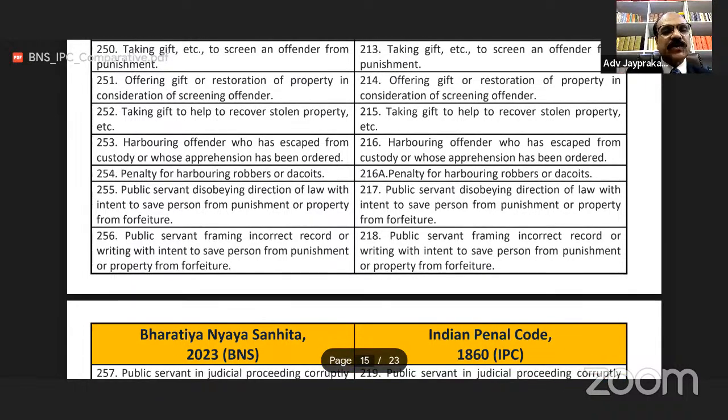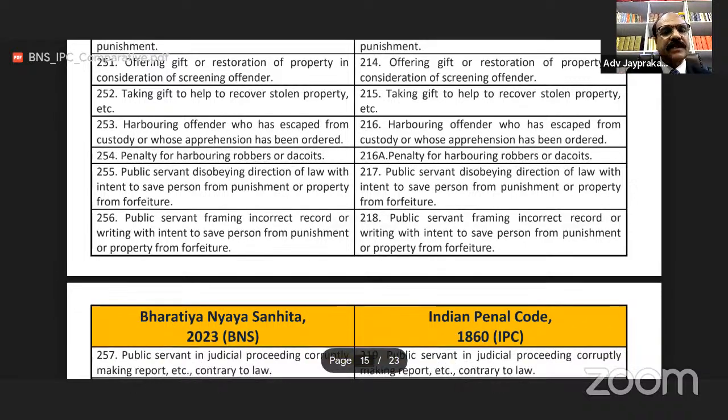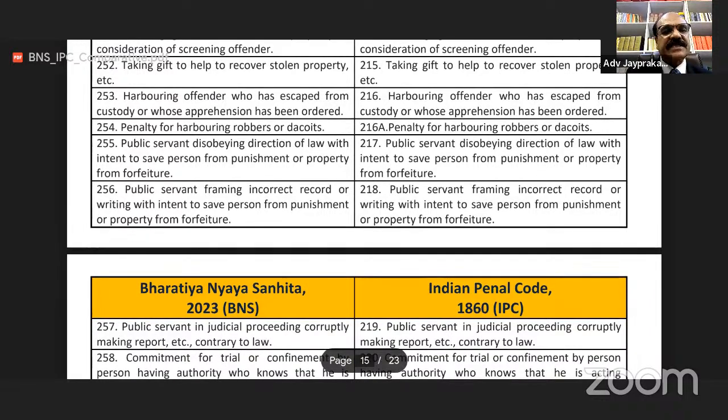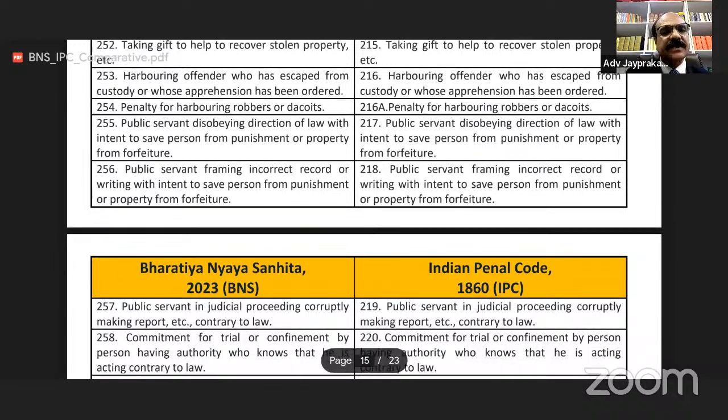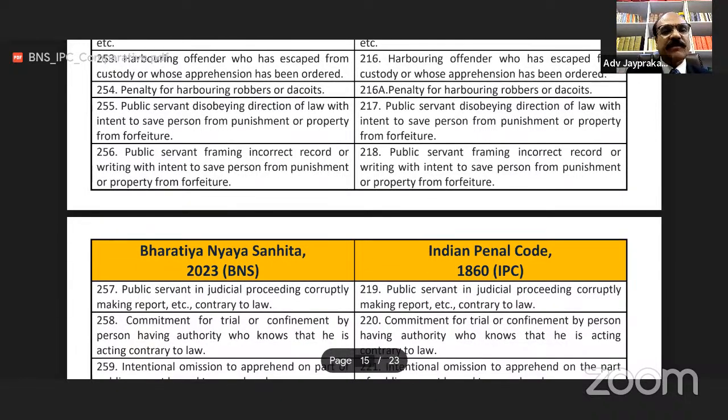BNS 252, taking gift to help to recover stolen property, etc. Earlier section was IPC 215. BNS section 253, harboring offender who has escaped from custody or whose apprehension has been ordered. Earlier section was IPC 216. BNS section 254, penalty for harboring robbers or dacoits. Earlier section was IPC 216A.